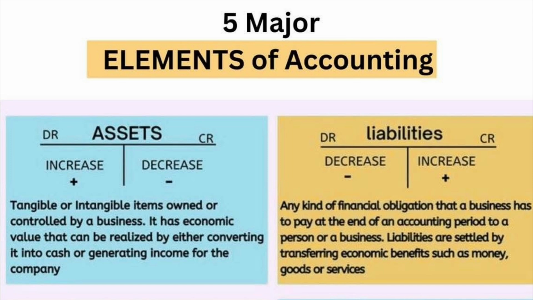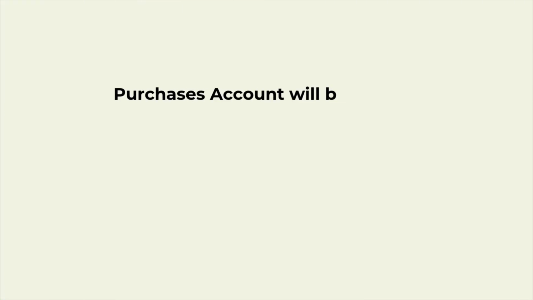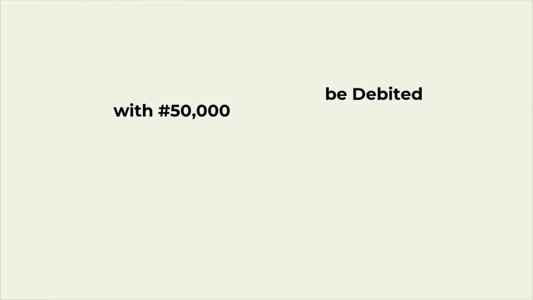Now, for this transaction, there was an increase in the stock of goods the company has because they bought additional goods for resale. So, whenever there is increase in assets, such assets will be debited. So purchases will be debited.